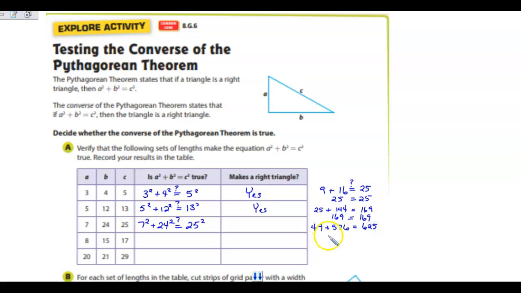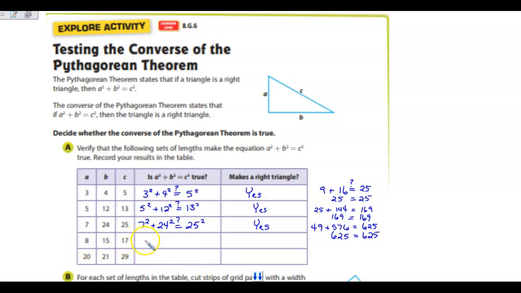If I take 49 plus 576, I get 625. Are they the same? Yes, they are. So yes, this is a right triangle.